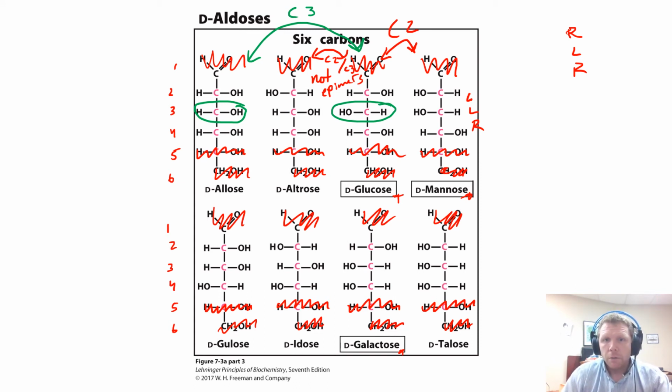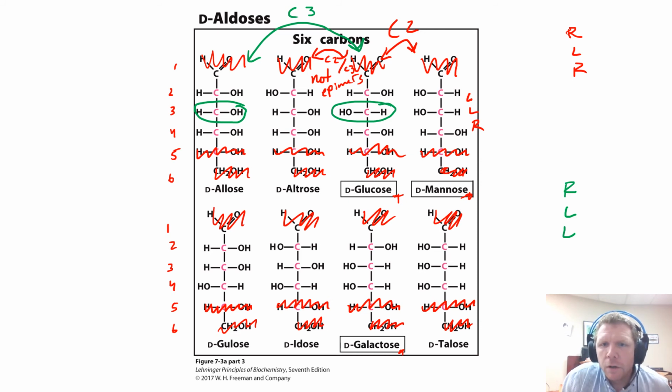Now the next one that I want to look at: can I find a C4 epimer of glucose? Yes, I can. And what am I looking for? I'm looking for a hydroxide group on the right-hand side for carbon 2, a hydroxide group on the left-hand side for carbon 3, and a hydroxide group on the left-hand side for carbon number 4.